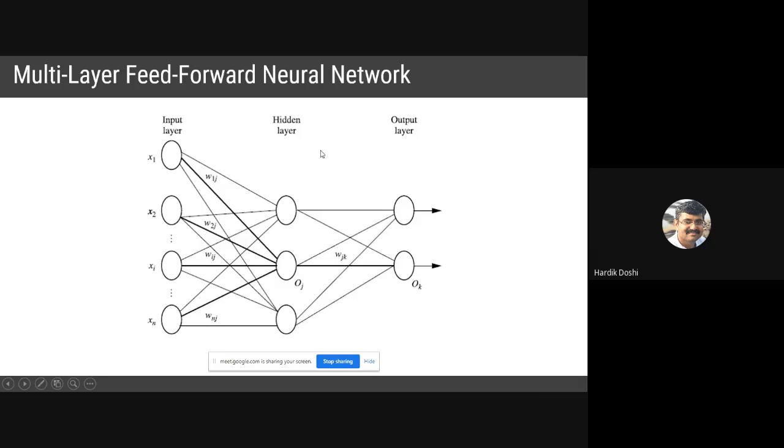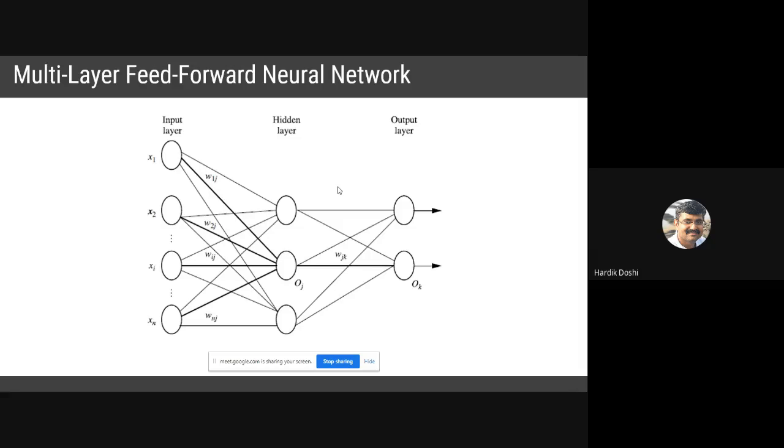Over here only one hidden layer; it can be more than one. And the output layer: how many outputs are there in this diagram? 1 and 2. So I can have an array of outputs, array of inputs, and array of weights. These three things I should have, based on which I can implement the algorithm.